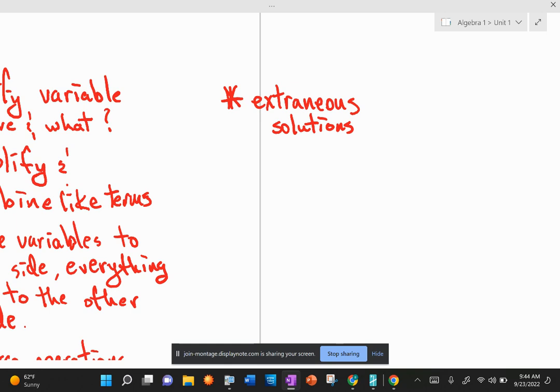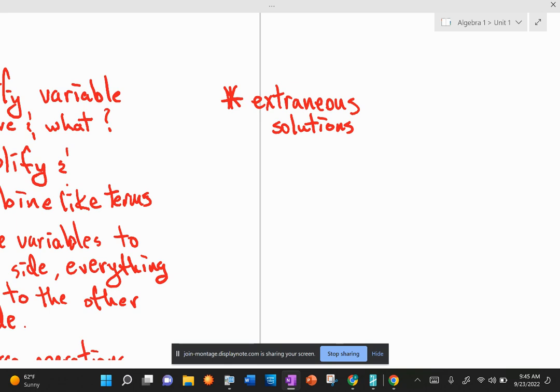You will either get no number at all, or you will get every number that exists. If you got every number that exists, what's your answer? Infinity. Or all real numbers, which is another way that we would say it. The opposite of that is if we don't get any, what would our answer be?